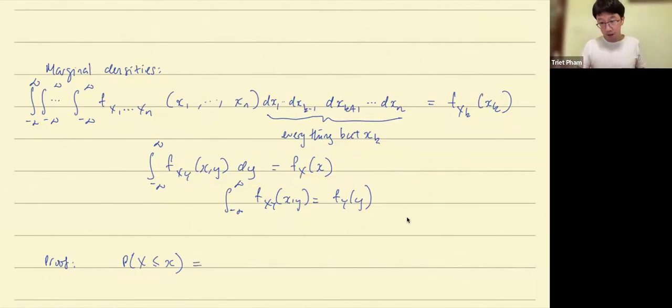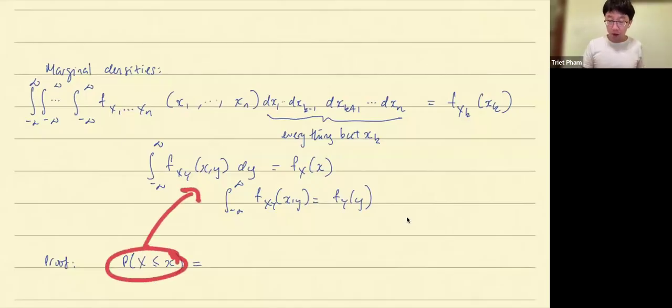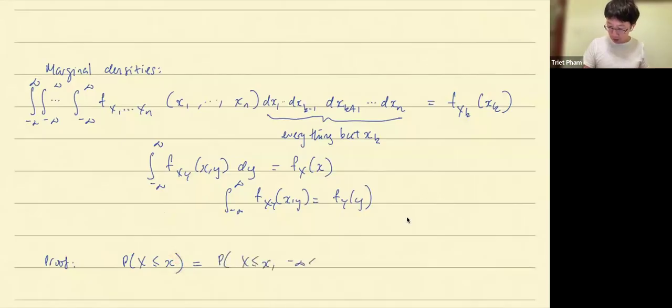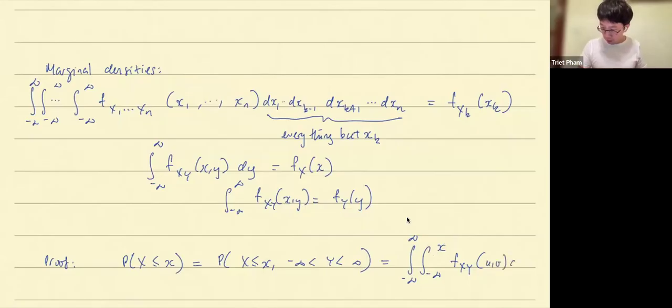So to find the marginal density, let's work with the case when you have two random variables. You want to start with the CDF, and if you differentiate this, you get the density. But what is the CDF in the joint sense? Because you have the joint density, but this is one random variable. Doesn't matter because you can always throw in a y like this. And then you can write this down as, so this X has already been used, so I have to use a dummy u, v.